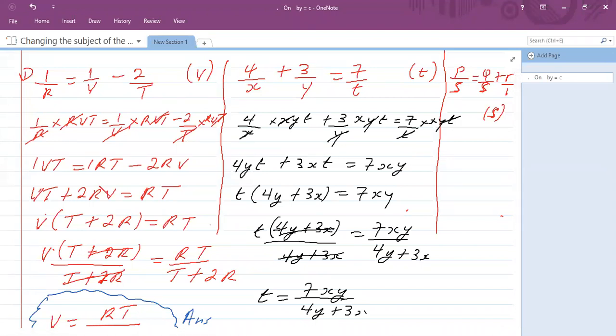So I'll do the last one, then we go. The P over S. Let's do that one quickly. What letter will I multiply with? Everything. I have S, S, and 1.